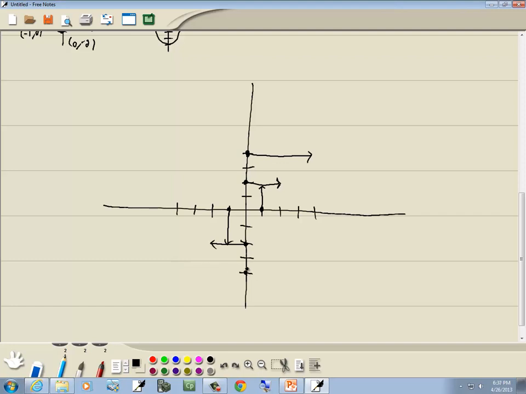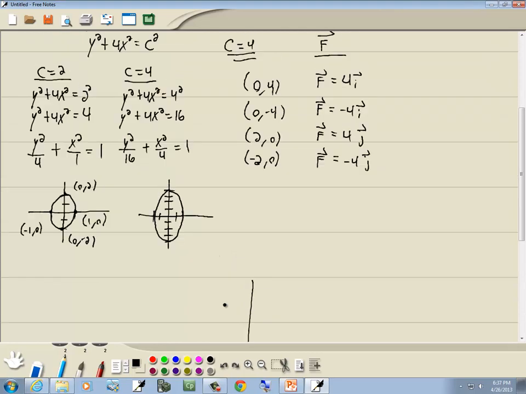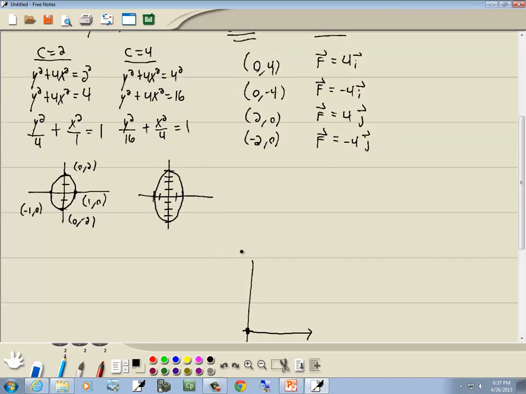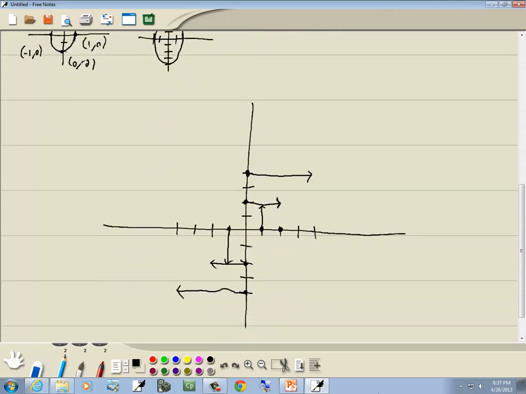Right there. And it's going negative 4i, so it's going 4 to the left. That should be a straight line. 2, 0. This one right here, and it's going 4j. So it's gone up 4.